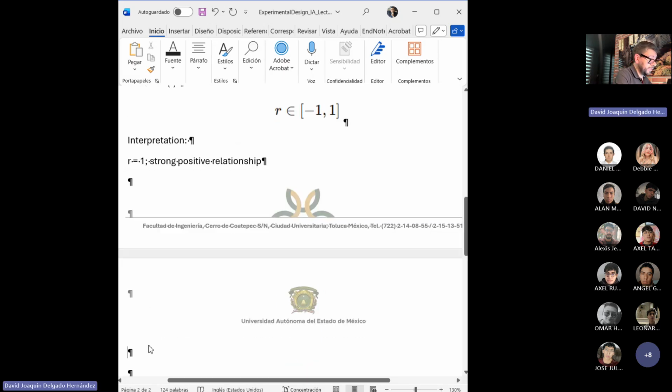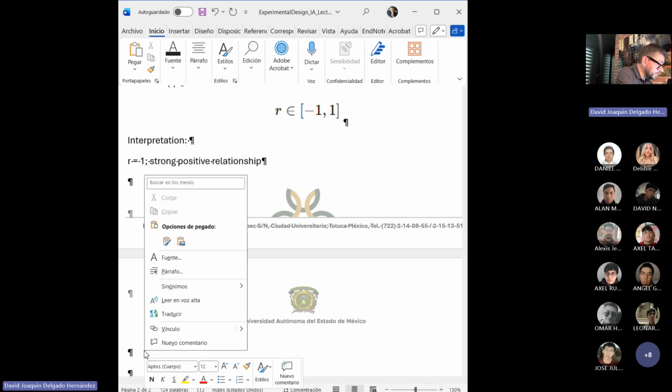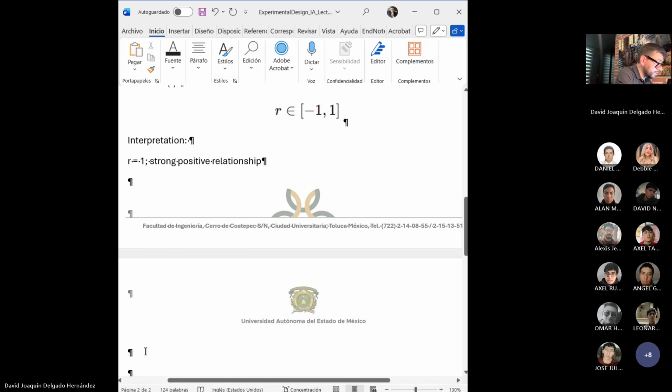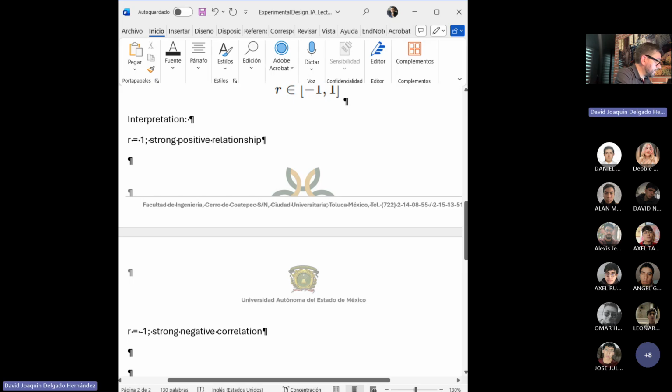What about R equals -1? -1 means that there is a strong negative correlation. And what happens when you have R equals 0? That means that there is no linear relationship.